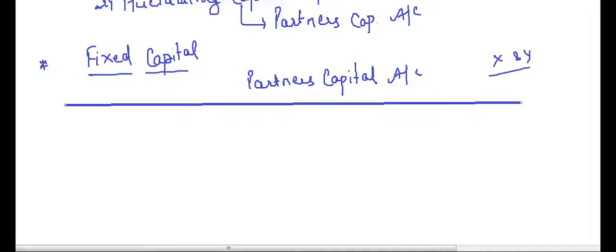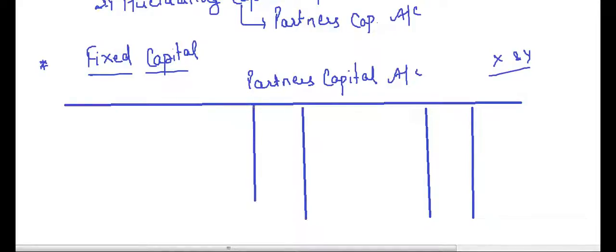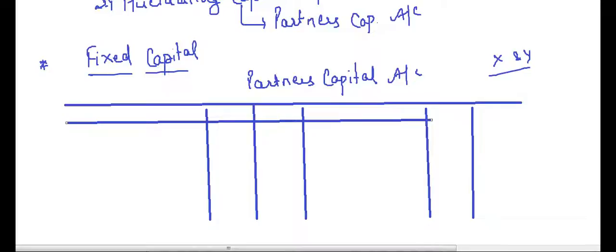Just like any other ledger account, we have the credit side and the debit side.